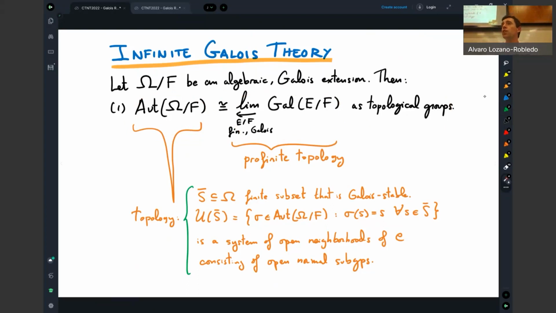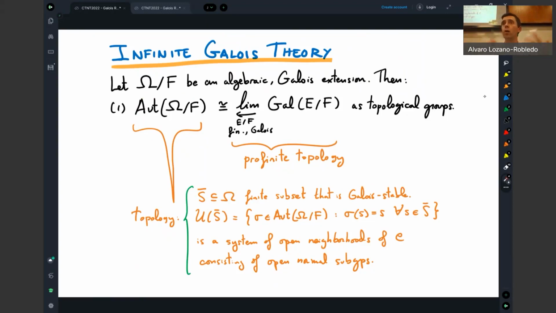Basically, the opens are automorphisms that fix a finite set of elements. So take a finite set S of elements of omega that is Galois stable. What that means is that these are elements that are algebraic over F. So I'm going to take all the Galois conjugates. If you have an element, I can write the minimal polynomial, look at all the roots, and put all those roots in the set S also.